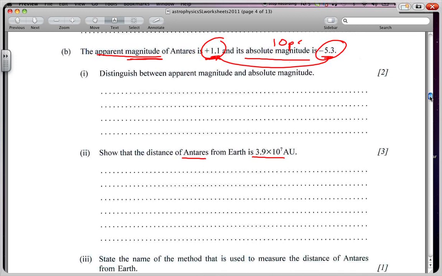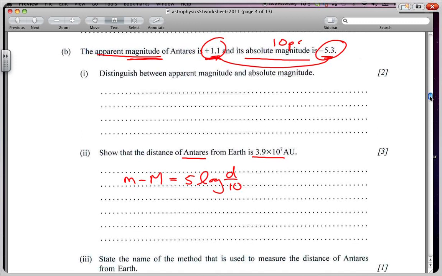Now, we have got the apparent magnitude and the absolute magnitude, so we're going to use this formula: m minus M, the apparent magnitude minus the absolute magnitude, is equal to 5 log of d over 10, where this d is in parsecs. So we just put this in.